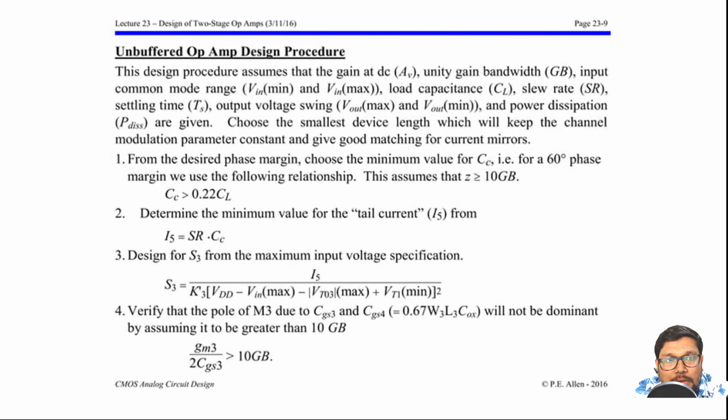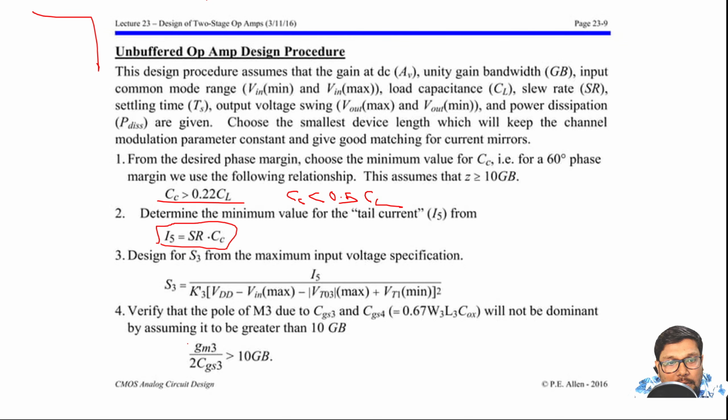From desired margin we can find that this CC is greater than 0.22 CL, and also CC is less than 0.5 CL, otherwise the opposite will happen, this will be dominant. Determine the minimum value of tail current from slew rate of the higher gain side stage, and we can find the S3 from calculation of this one.